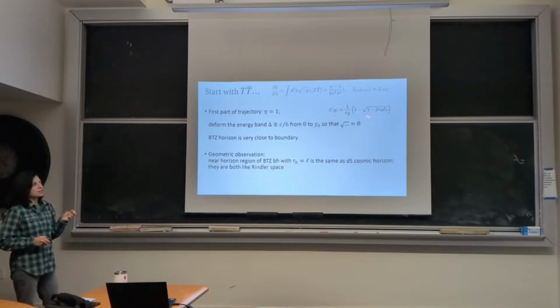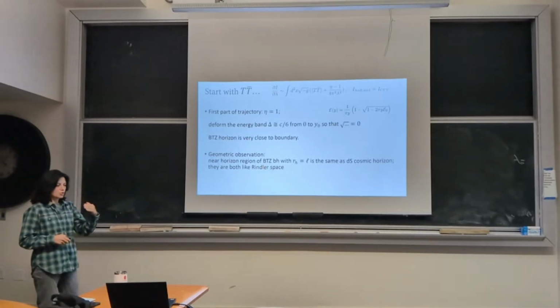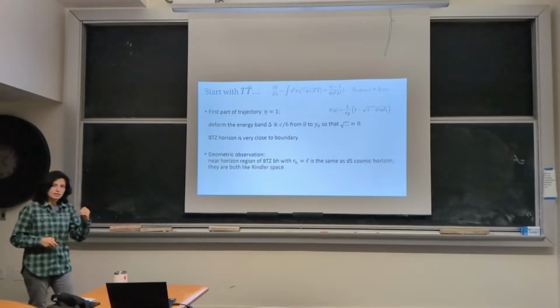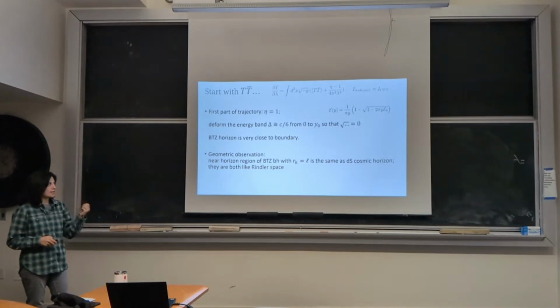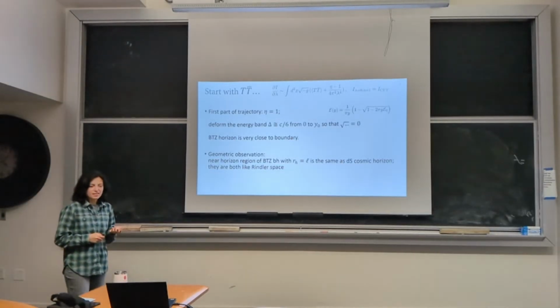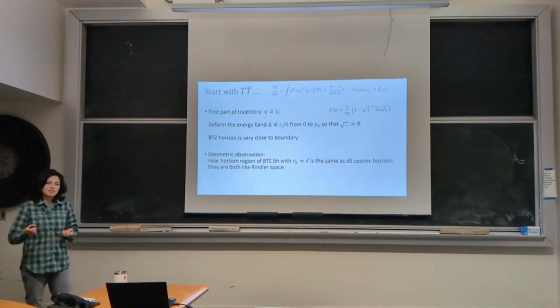And geometrically, that corresponds to the fact that the horizon radius of the BTZ becomes very, very close to the boundary that is at fixed L. And there is this remarkably simple geometric observation that takes us to the de Sitter space.